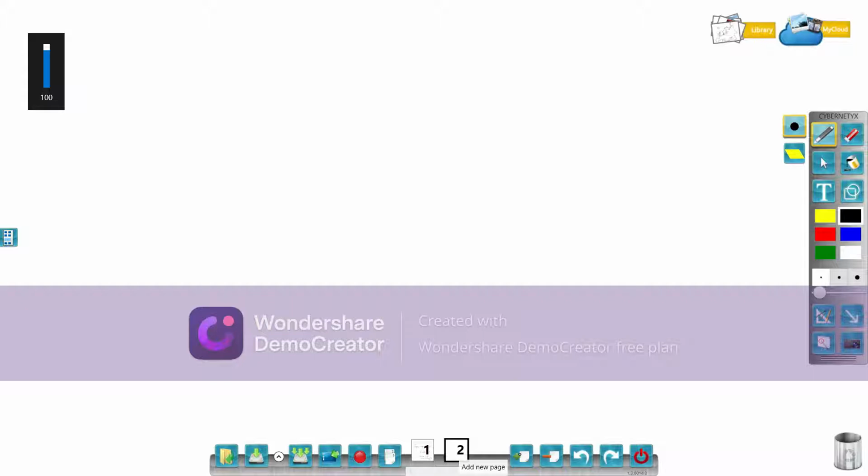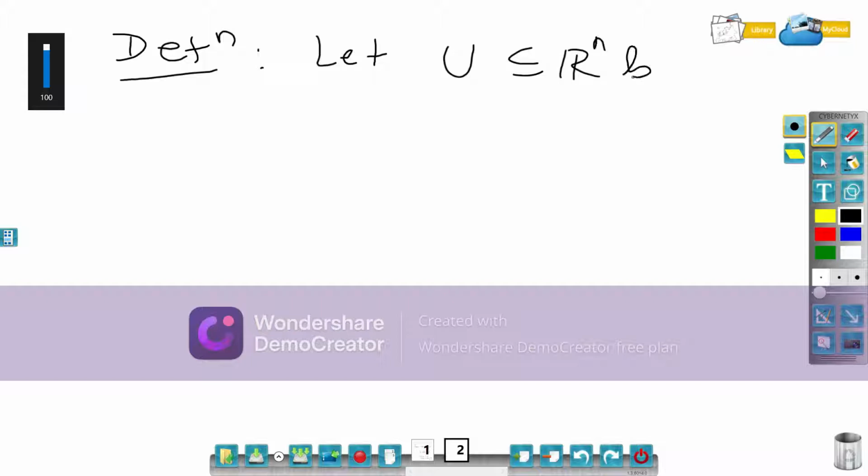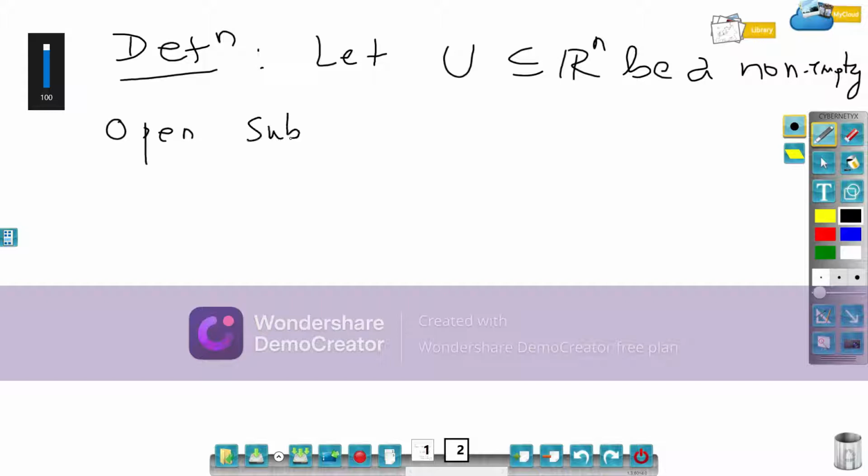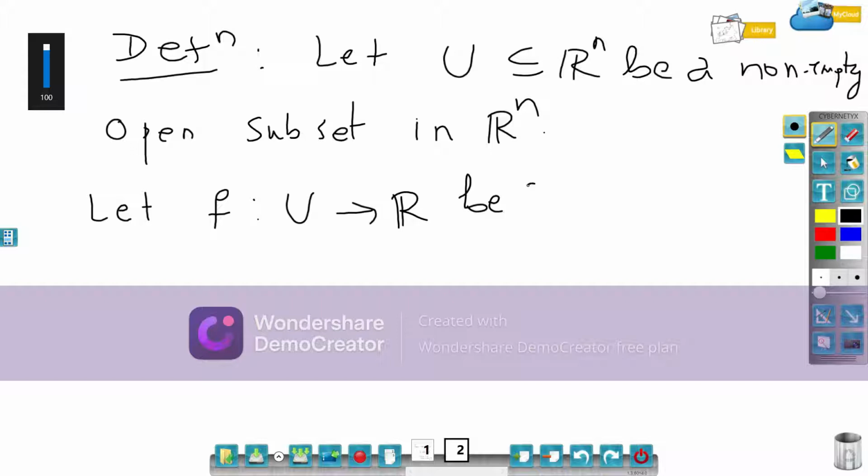So let me define the maxima and minima. Definition: let U be a non-empty open subset in Rn. Let f be a function from U to R, a scalar valued function.